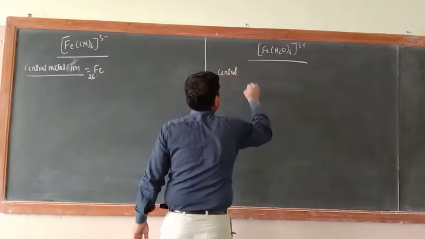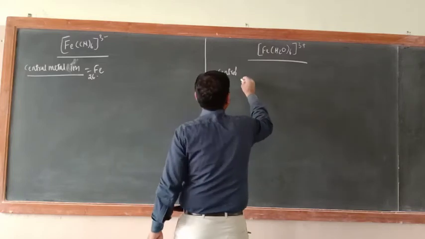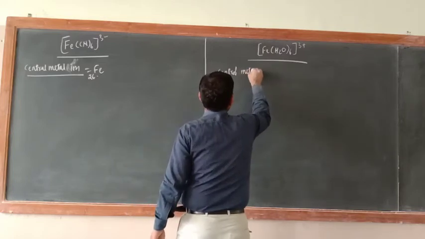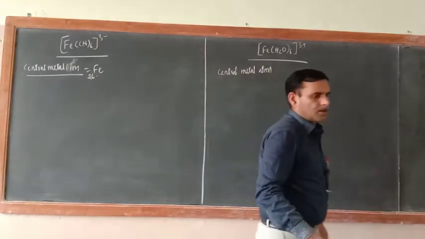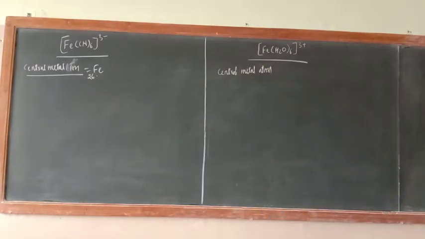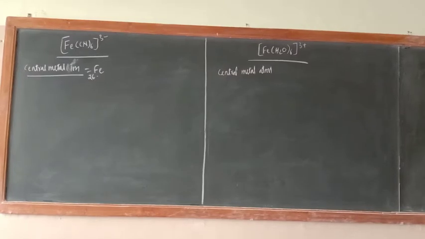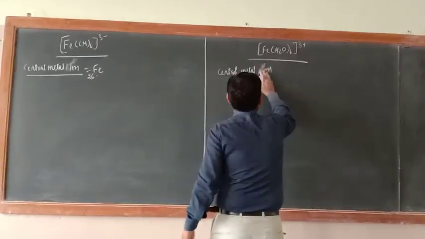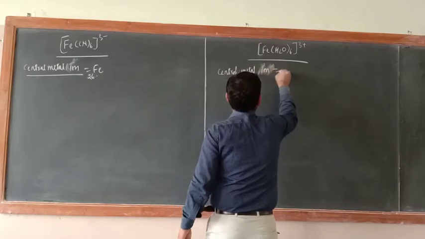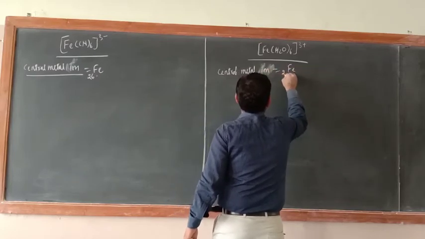Central metal atom. You can write here also ion. Here also what is there? Iron 26.